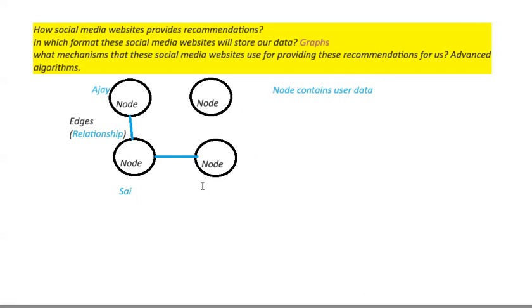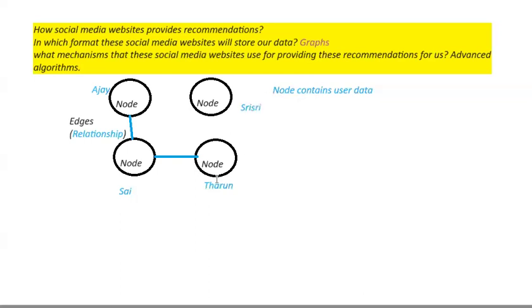Now, let's say Sai is a friend of Tarun as well. So Sai connected to Tarun on Instagram. Now, Ajay and Tarun have a mutual friend, that is Sri Sri.